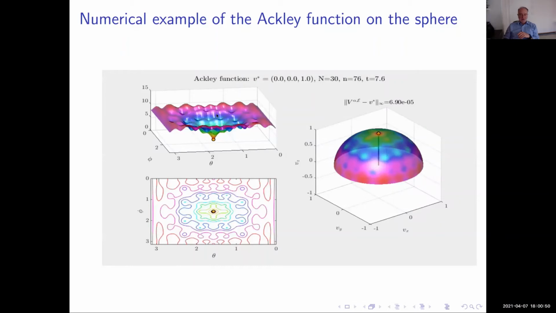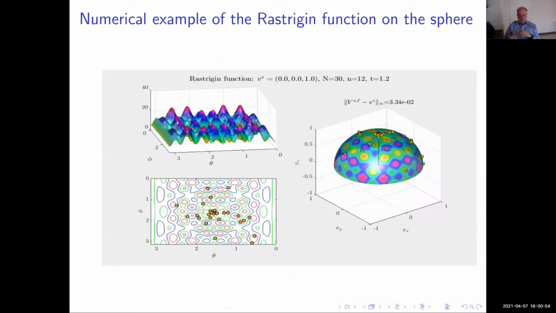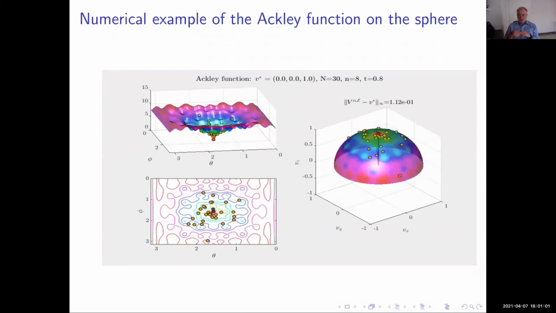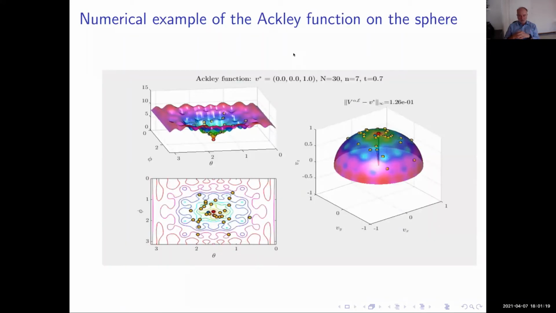We consider this Ackley function restricted on the sphere, and we position the global minimizer at the very north pole of this sphere without loss of generality. What you can see is that the particles completely ignore the local minimizers, and they are able to find the global minimizer without too much difficulty.